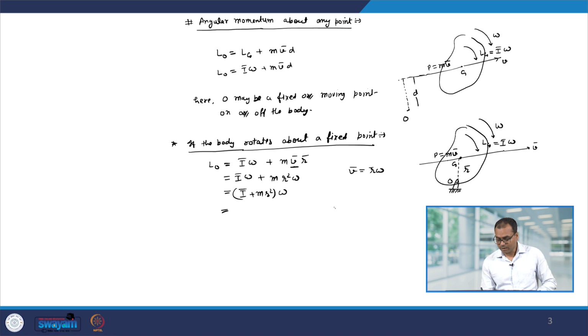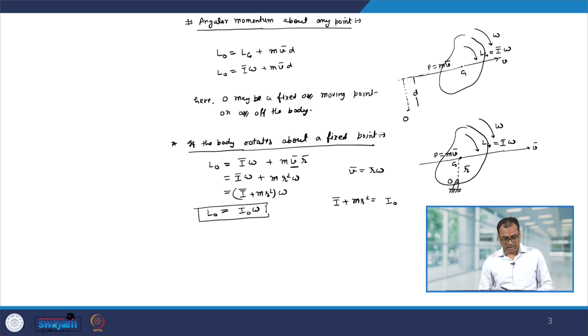Now, note what is I bar plus m r squared? I bar plus m r squared is the moment of inertia of the rigid body about O. You can use the parallel axis theorem. Therefore, I can write L_O equal to I_O into omega.